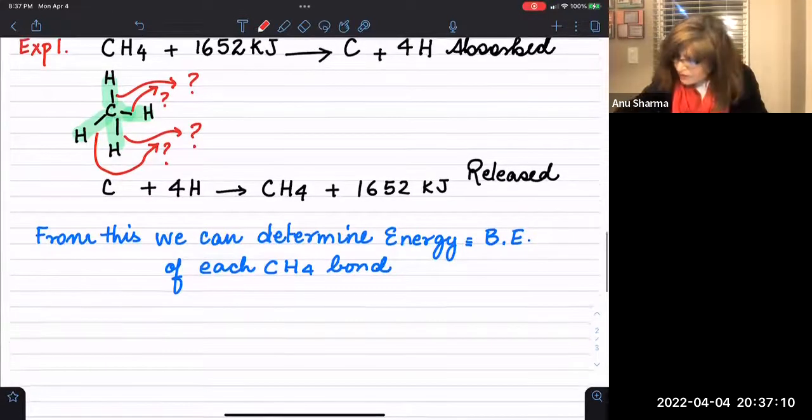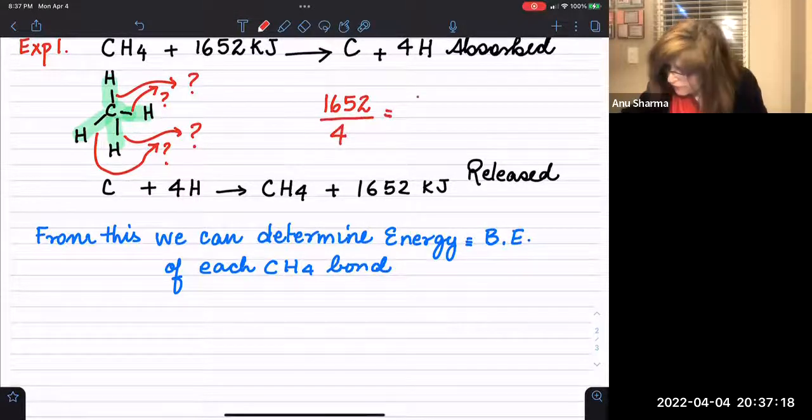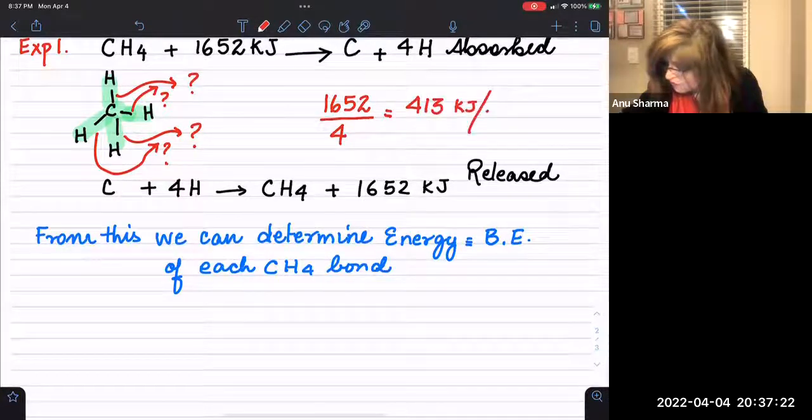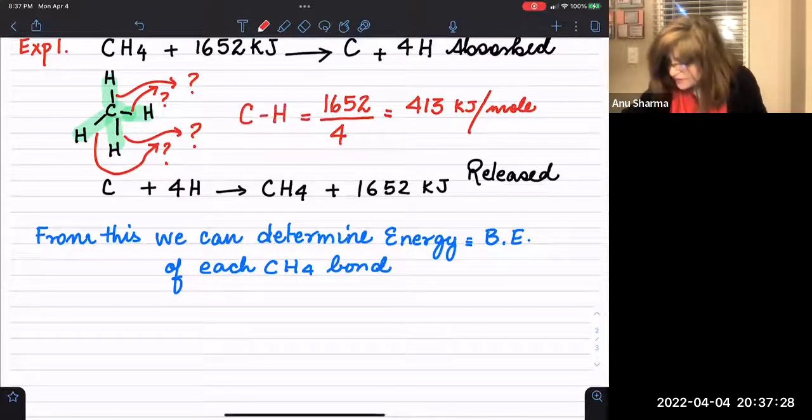How? So we take 1652, divide that by 4, and that gives you 413 kilojoules per mole of heat of the CH bond.